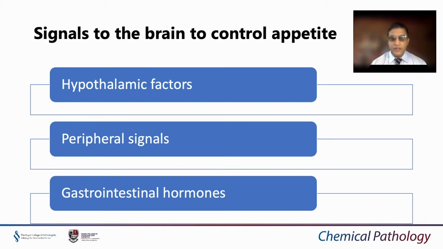Signals to the brain that control appetite are provided by both peripheral signals as well as gastrointestinal hormones. These then interact with the various hypothalamic nuclei to regulate peptides that control appetite by suppressing or increasing appetite.